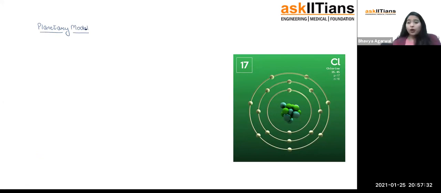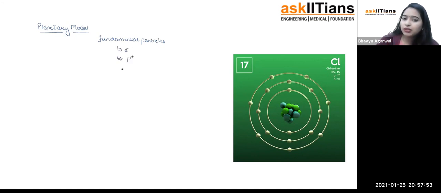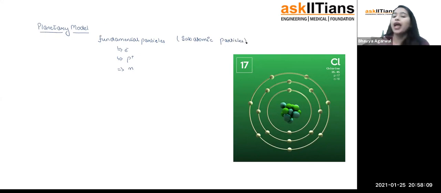Just like that, we have an atom, in which there are many fundamental particles placed. Now, these fundamental particles are electrons, protons, and neutrons. These are the fundamental particles or subatomic particles which are present in an atom.